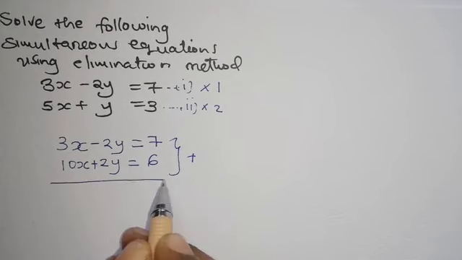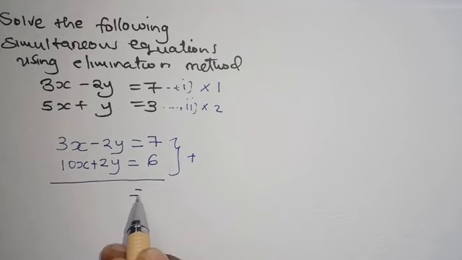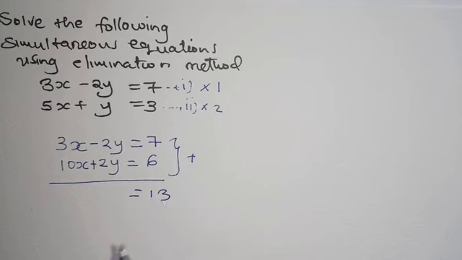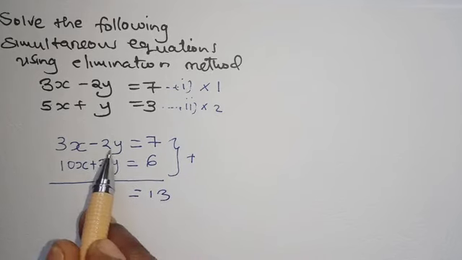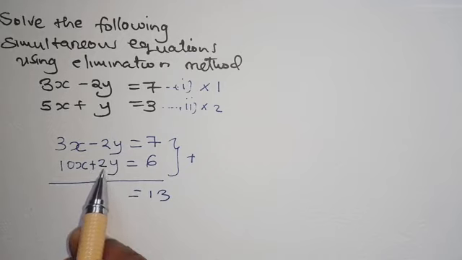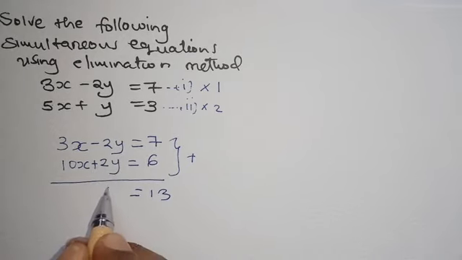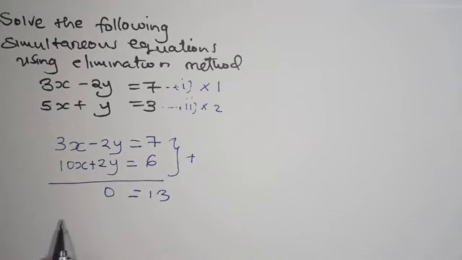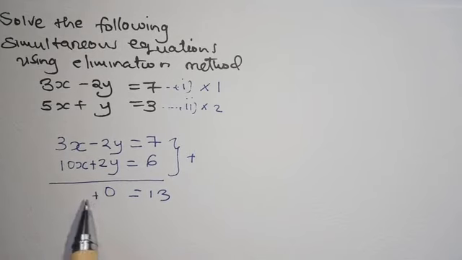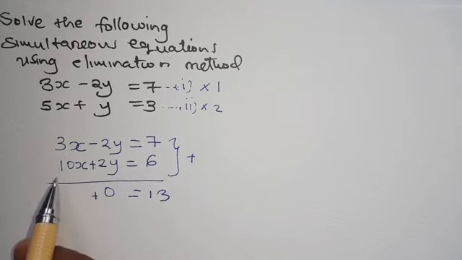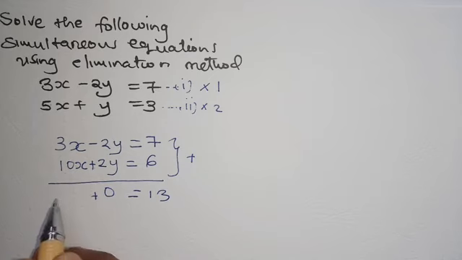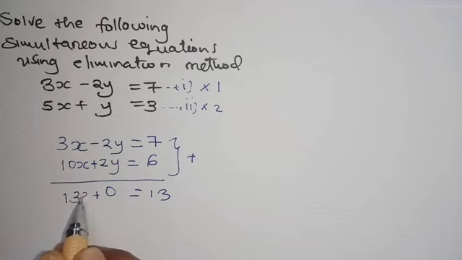If we add, negative 2y plus 2y gives us 0, and 3x plus 10x is 13x.